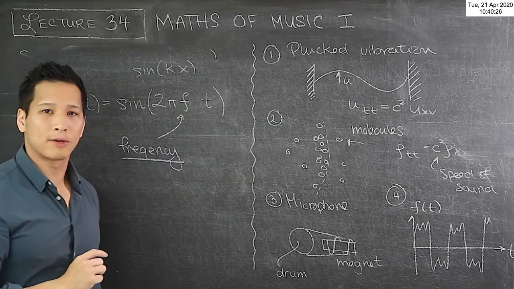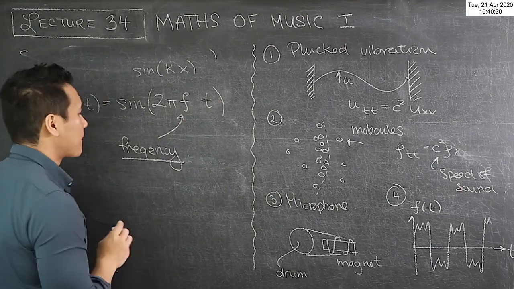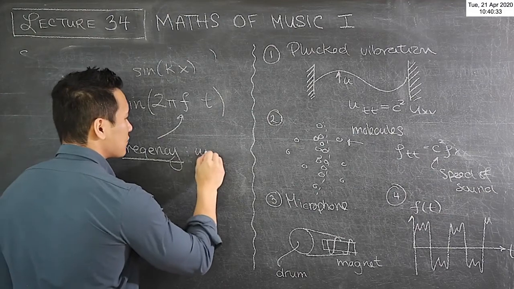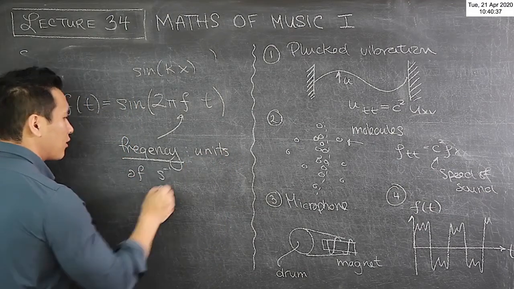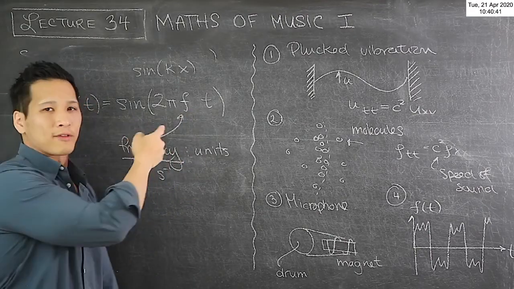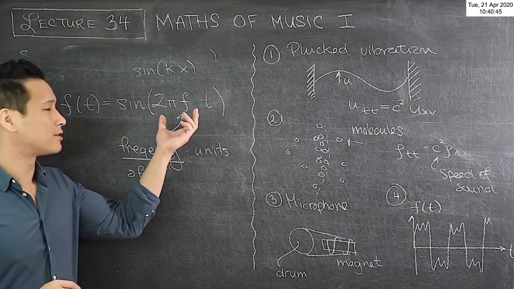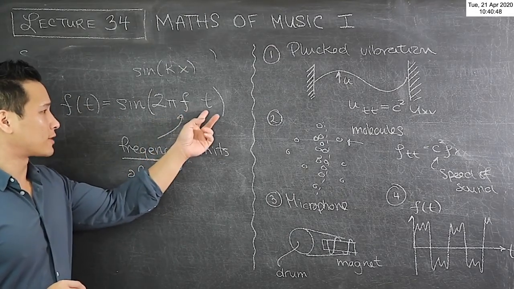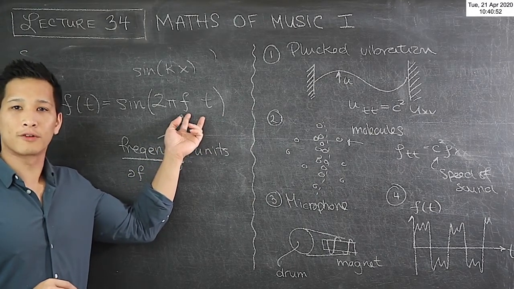So if time is measured in seconds, then f is measured in 1 over second. Whatever the units are, they have to cancel out, because the input of the sine needs to be unitless, non-dimensional. So if time is measured in seconds, then the units of this frequency should be 1 over seconds.